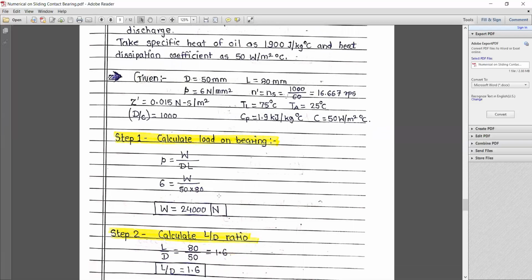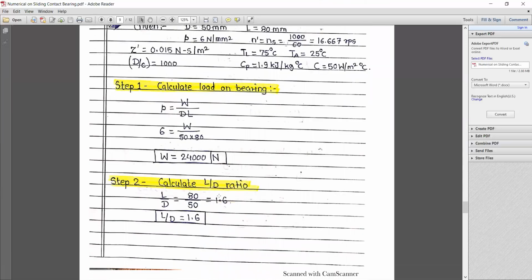Okay, let's start with the first step, calculating the load on the bearing. As the diameter, length and bearing pressure are given, first of all find out the load. Using the same equation, P, that is the bearing pressure, is equal to load divided by area.